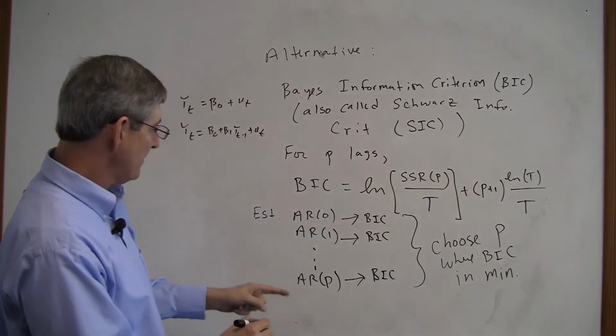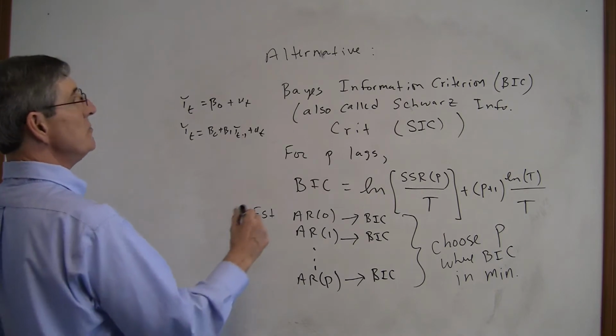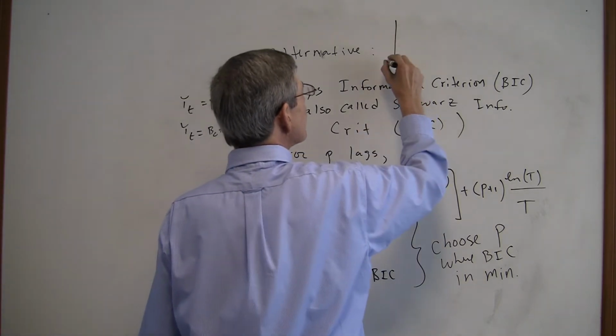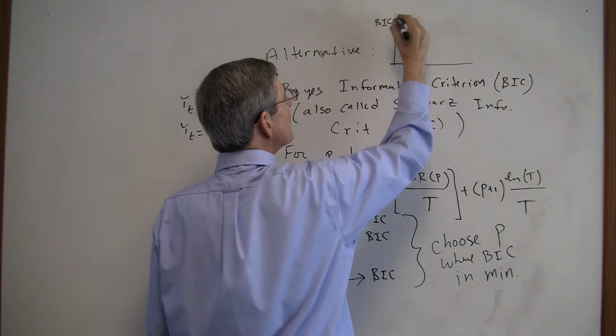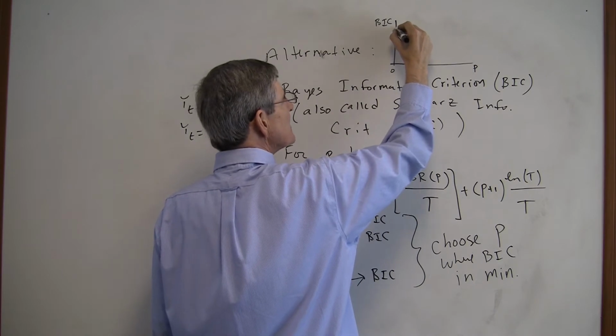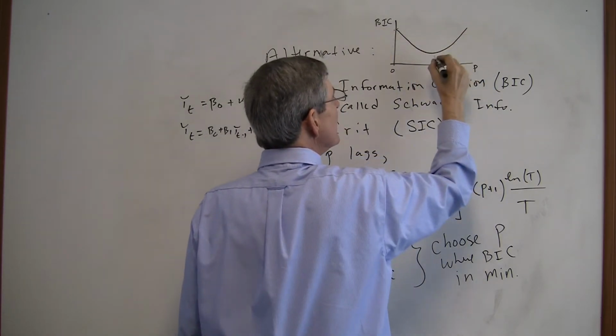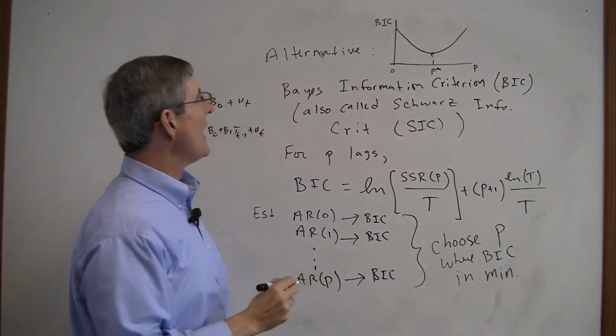Different number here. Generally, what this will look like as you move from, so this is the BIC, and this is p, so here's 0, you'll get something that looks like this. And then you want to choose that p as your lag length.